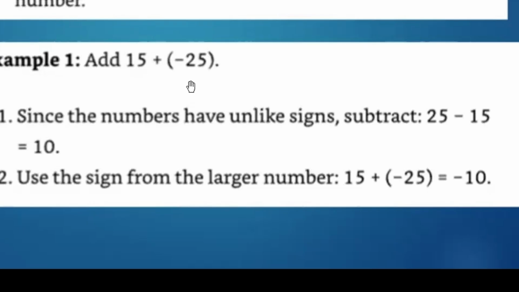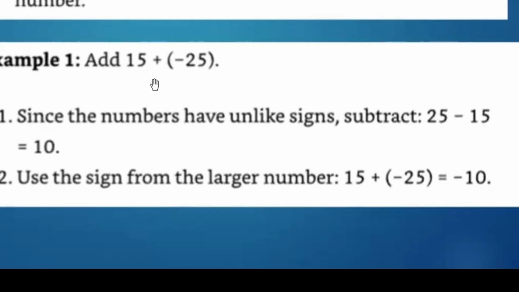You can think of this as a client having negative $25 in their account, and then they get a transfer of $15. Now they're still not out of the red, but they're definitely closer to being positive than they were, right? Before they received the $15 transfer.